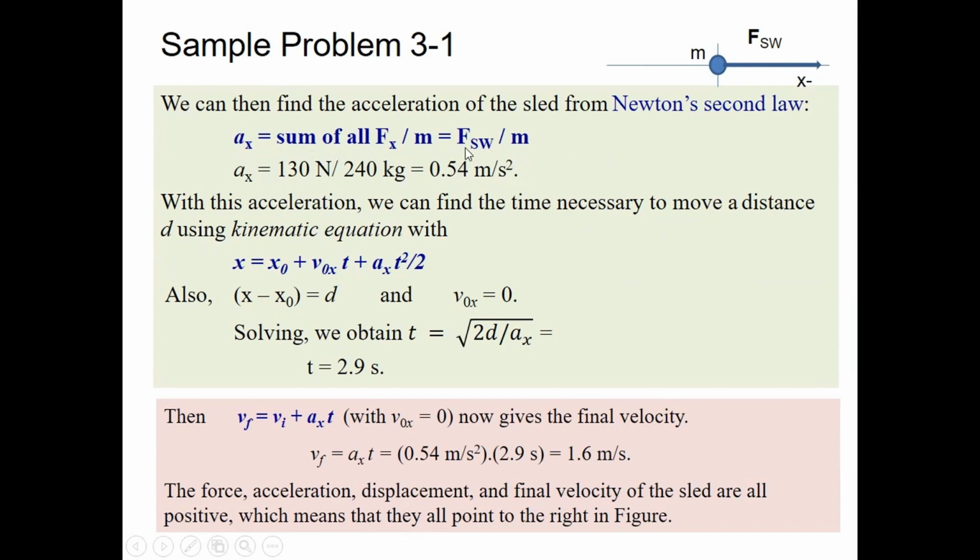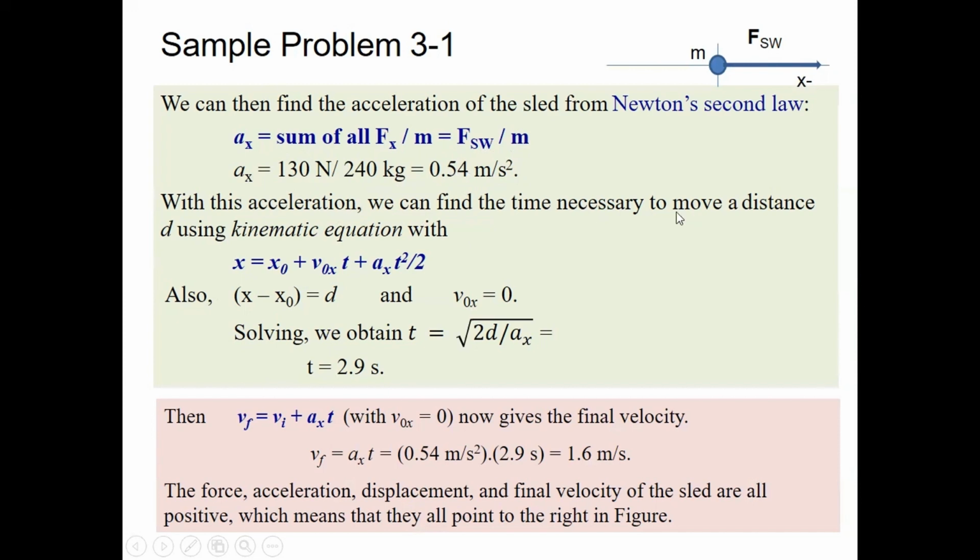Since it is all about the x direction, the acceleration is the sum of all forces in the x direction divided by mass. The sum of all forces is the applied force, divided by mass, and therefore we have the answer. 130 Newton is the applied force, and 240 kilogram is the mass. So acceleration is 0.54 meters per second squared.